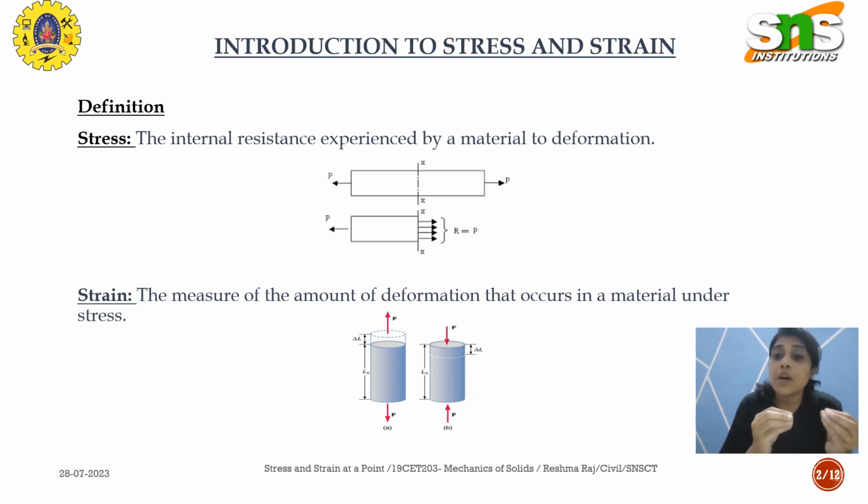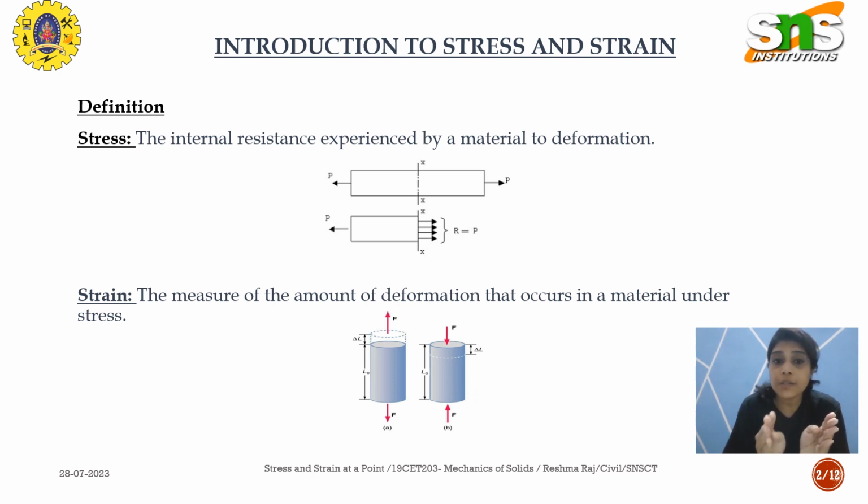And because of the stress, deformation occurs, that is, a change either in the length or in the dimensions of the body. Because of the stress, strain in the body occurs. Strain is the change in the dimensions of the body.